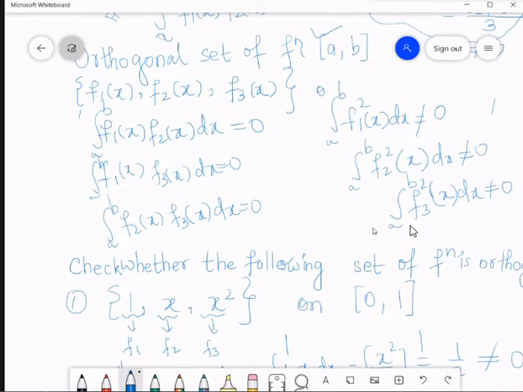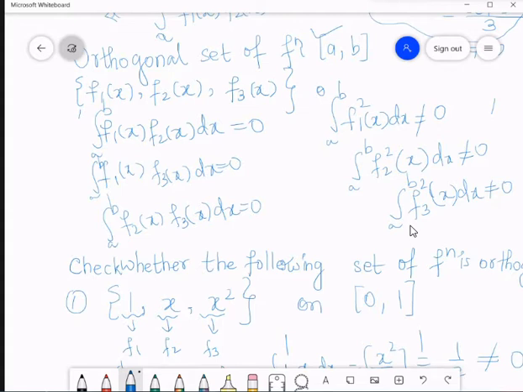In the previous example we were getting different values here: for the first one we got 1, here we got 2 by 3, here we got 2 by 5. Now we don't want these numbers to be different every time. We want a fixed number to appear here, that is 1.